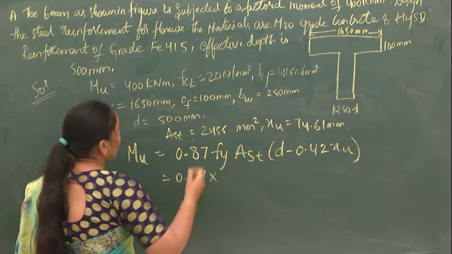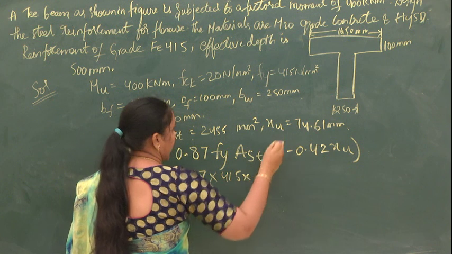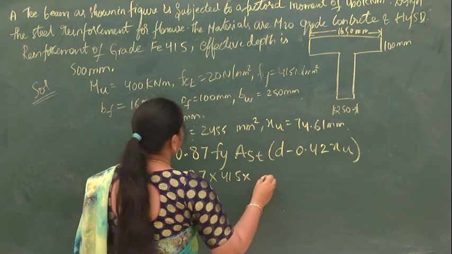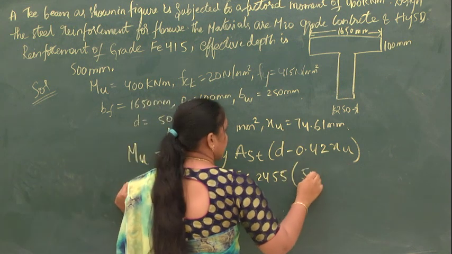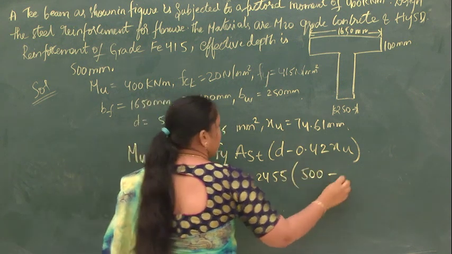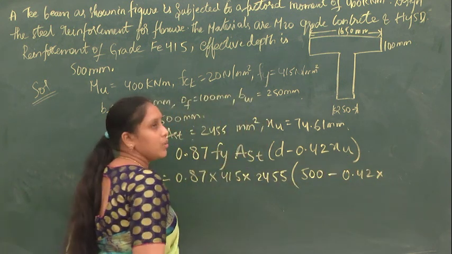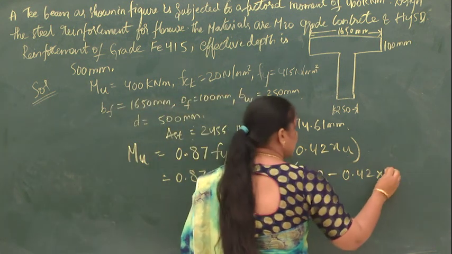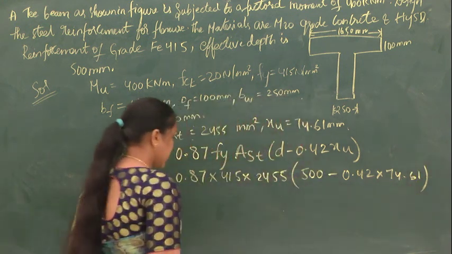0.87 into Fy. What is Fy here? It is 415 into the AST. How much is the AST? The AST is 2455 into D. How much is D here? It is 500 minus 0.42 into XU. Why the XU here? Because it is an under reinforced section. That is 74.61.